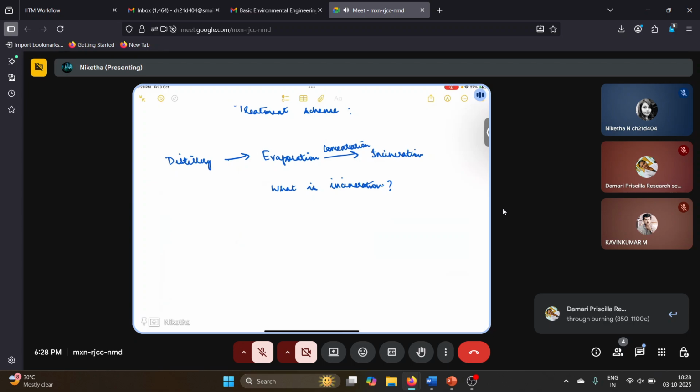Generally, incineration is preferred because it requires less energy and it also releases fewer byproducts. For example, pyrolysis and similar processes are used for taking out valuables from solid waste. So that is why incineration is preferred, because burning is an oxidative process where a lot of harmful gases can be released.